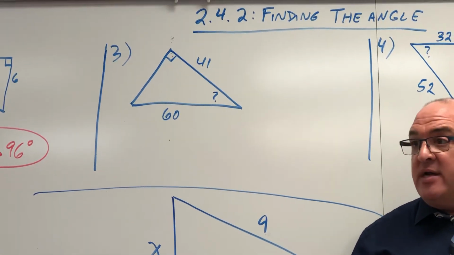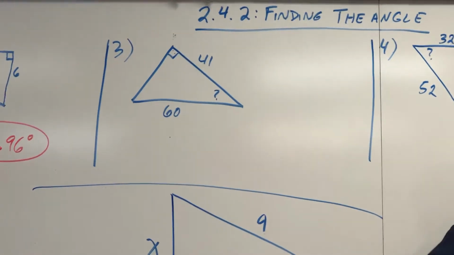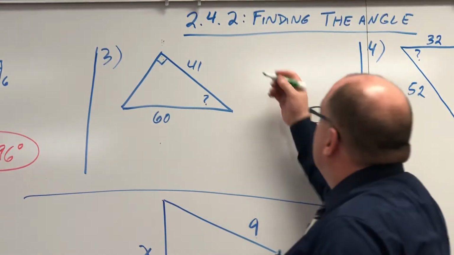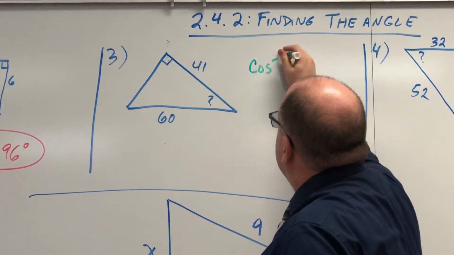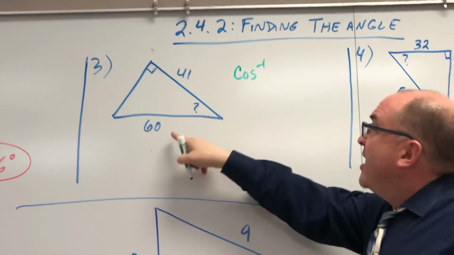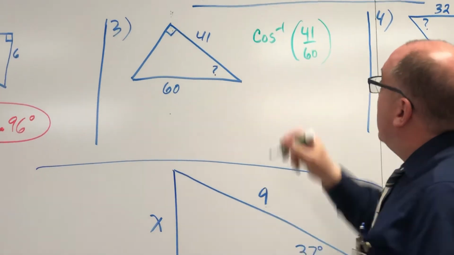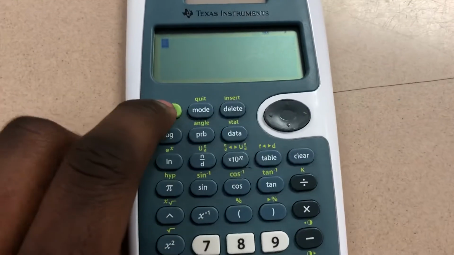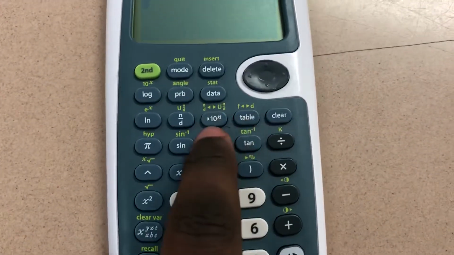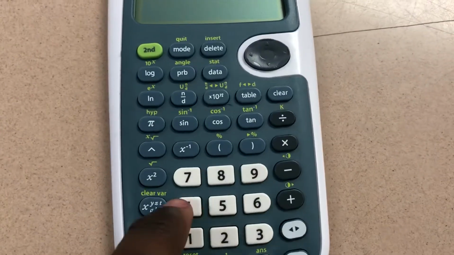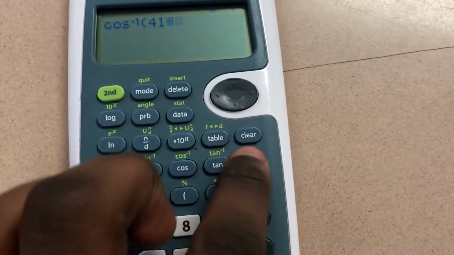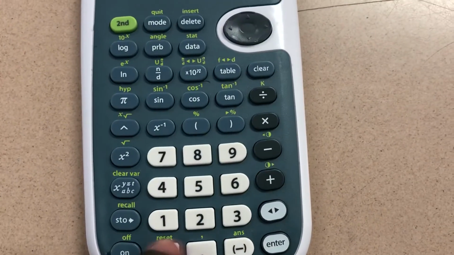So cosine is A over H. So we're going to use inverse cosine. Inverse cosine, and we're going to do adjacent over hypotenuse. 41 over 60. Please try that on your calculator. Inverse cosine, 41 divided by 60, and you should get 46.89 degrees. Please confirm on your calculator that you get 46.89 degrees. Okay?